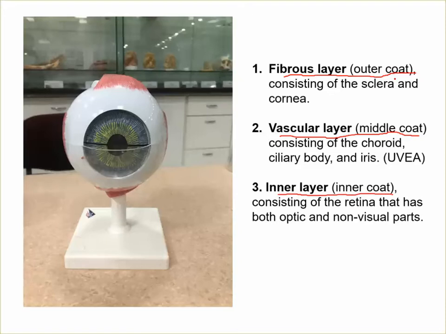The fibrous coat, the outer layer, consists of the sclera and the cornea. This is the sclera, and the cornea, which is seen here, is transparent. The sclera is white in color, whereas the cornea is transparent.